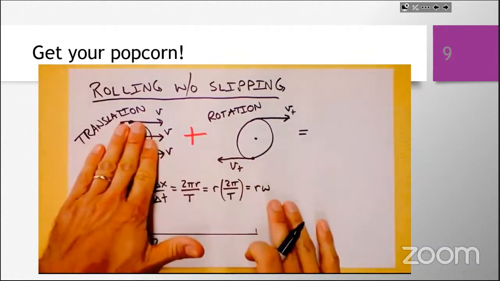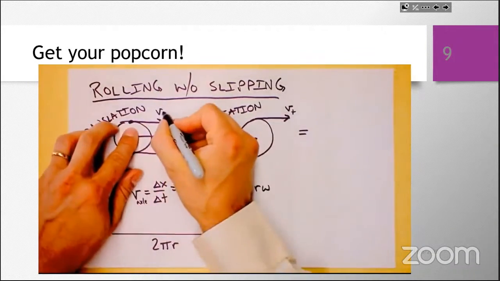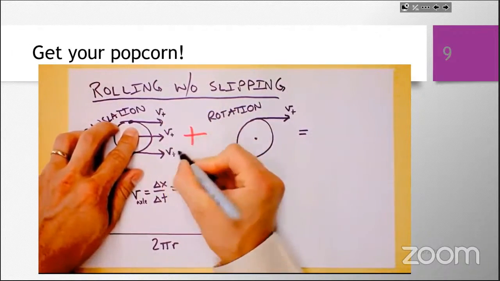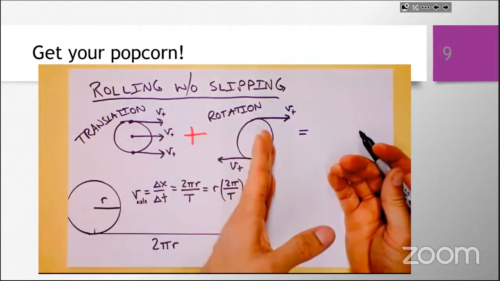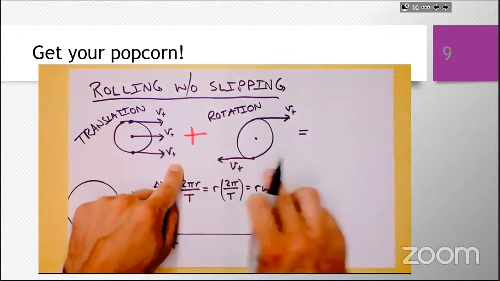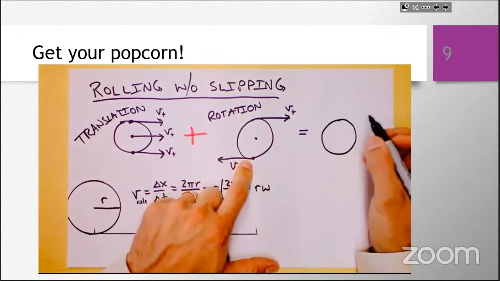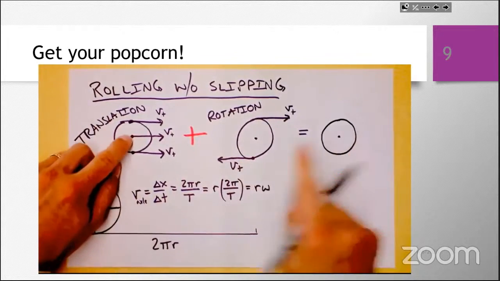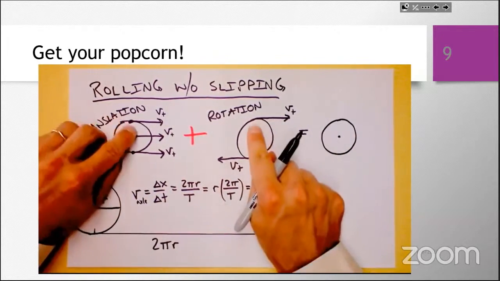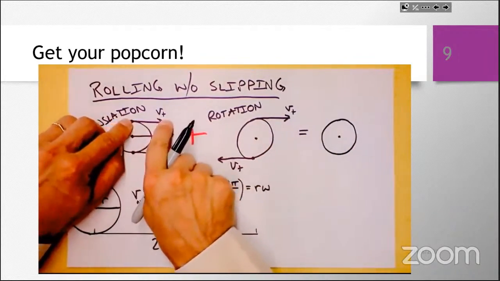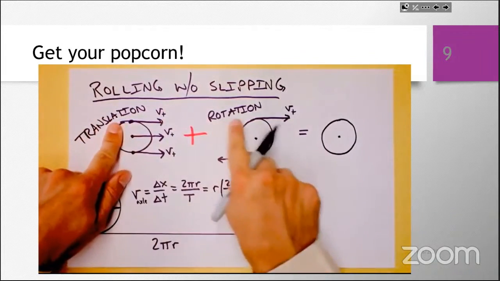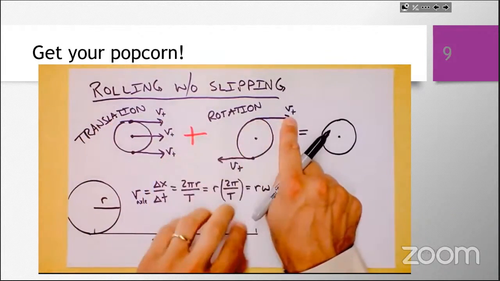I want you to take this. Let's say we happen to have a translating thing that's translating at the same rate as it's rotating. So I put little t's on here, and I'm going to add this to this right here and draw what will result. Check this out. On the top, we've got tangential speed of the top from translation, tangential speed of the top from rotation.